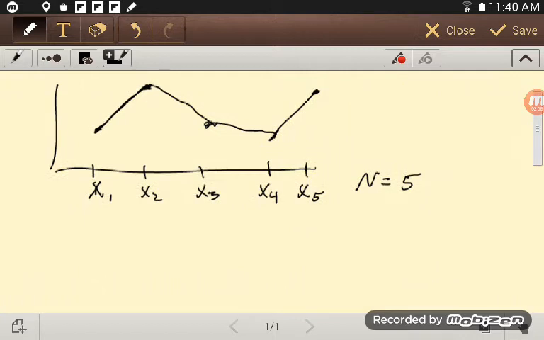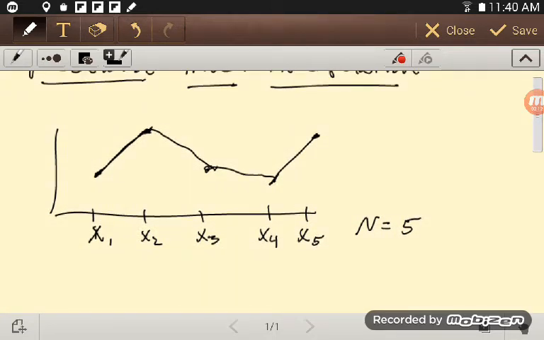And in the notes, these points here, we could call them just y1, y2. They call them f of x1, f of x2, and so forth. Either one is fine.